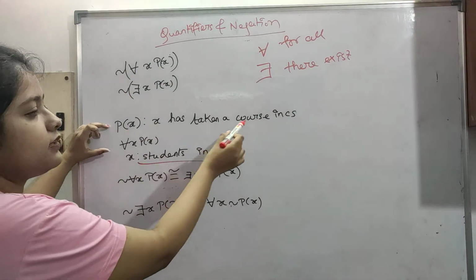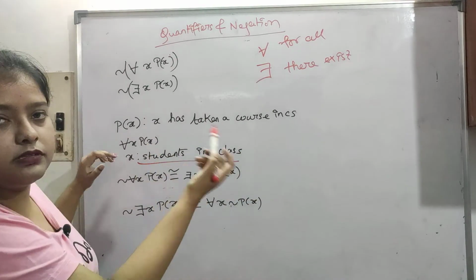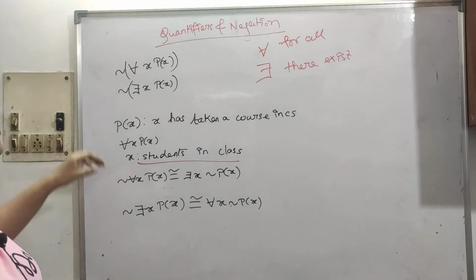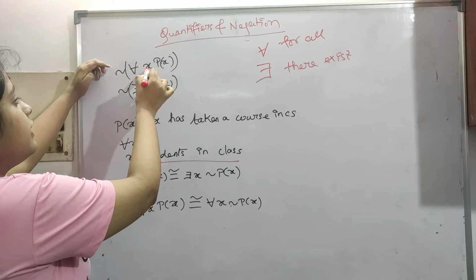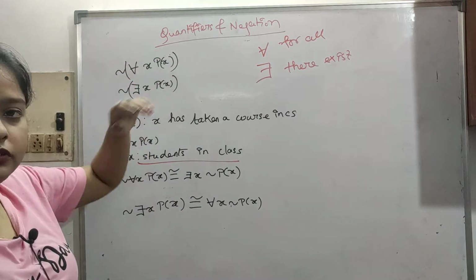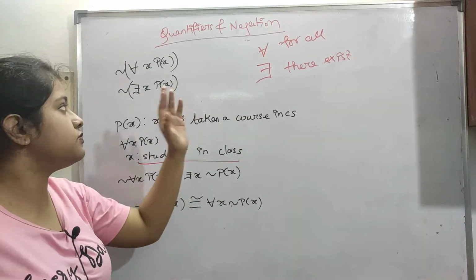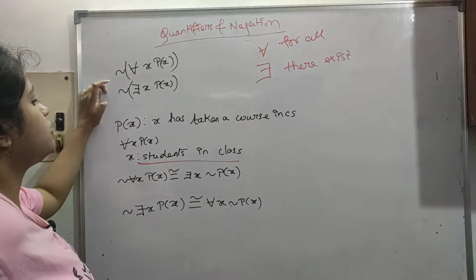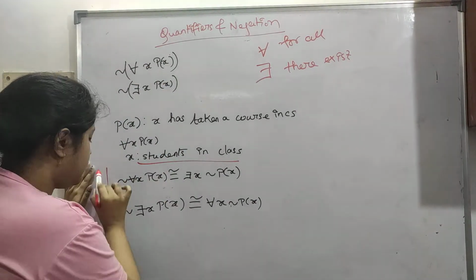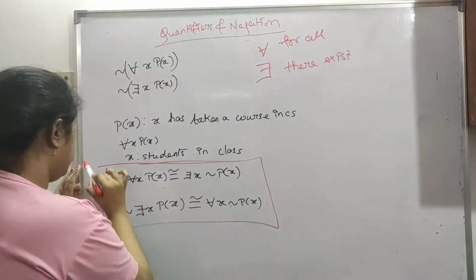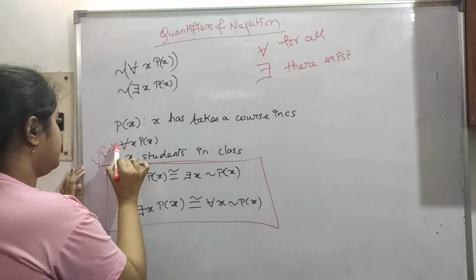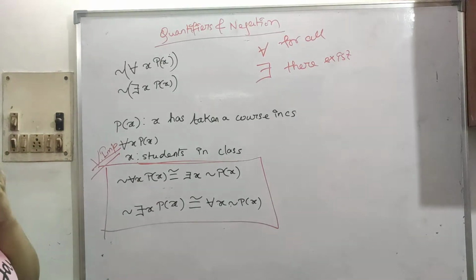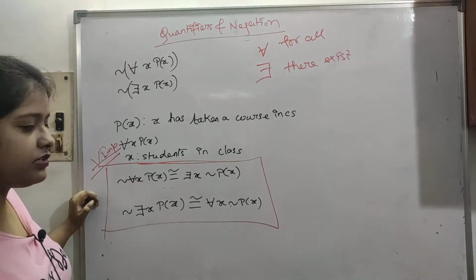Now we have for all x px. See, these terminologies are very, very important because they will be used in questions. Now negation of this, how does negation work? This too is very important. Please make a note of it, because this comes in questions also.